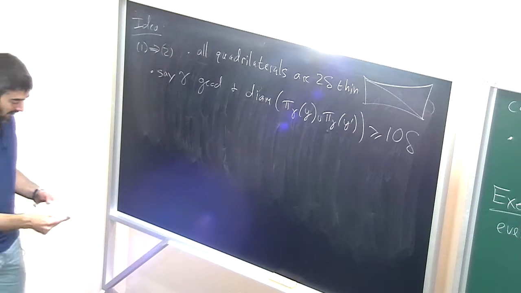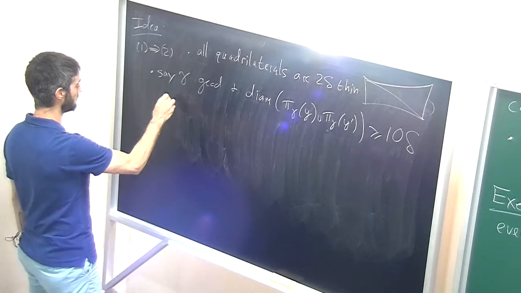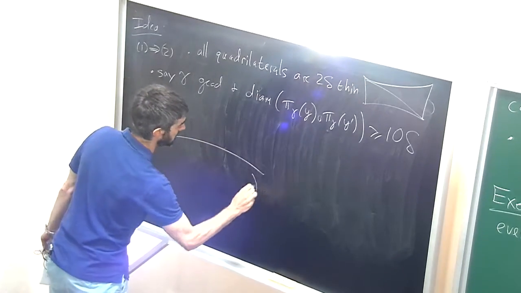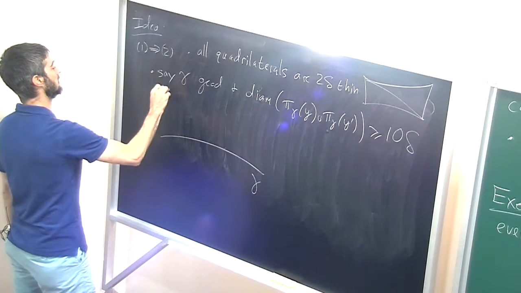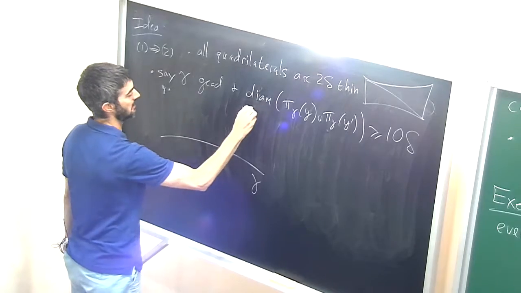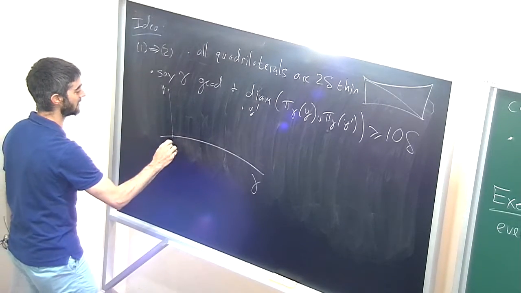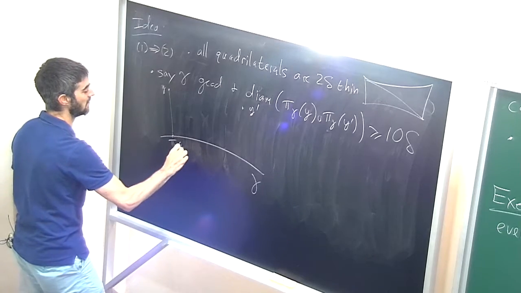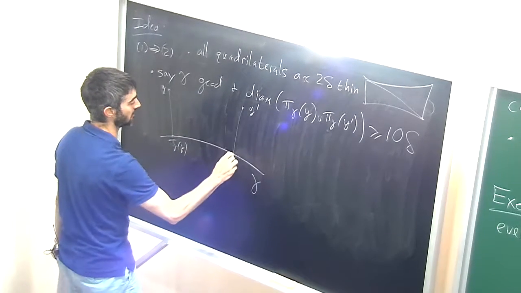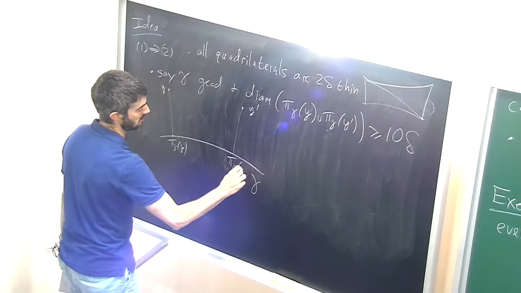So then what does my picture look like? Here's gamma. Here's y. Here's y prime. And here I go down. Here's the closest point projection of y, and here's the closest point projection of y prime.